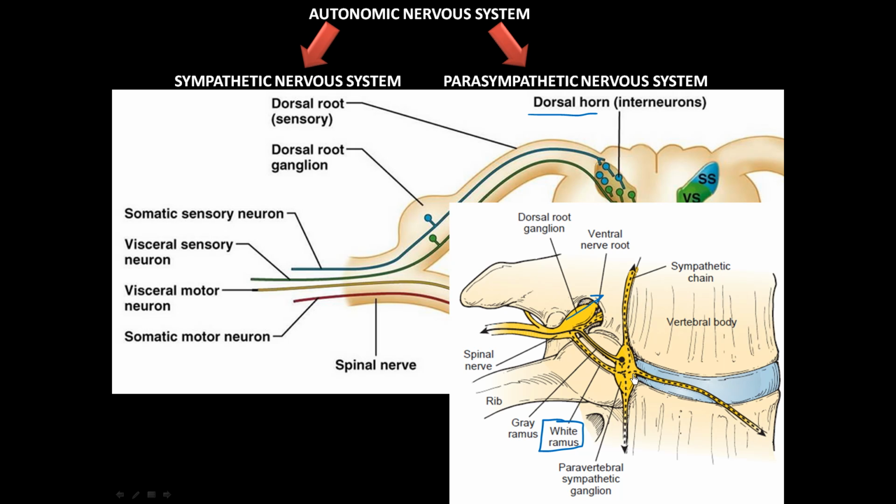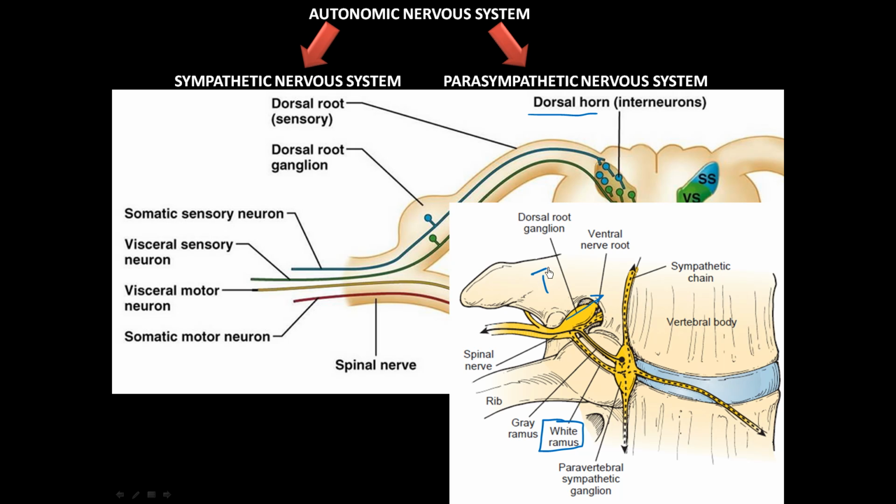Or another option is that they can go straight through down into some splanchnic nerves, and we'll talk about that in a second. Or they can go down the sympathetic trunk, or they can go up the sympathetic trunk.